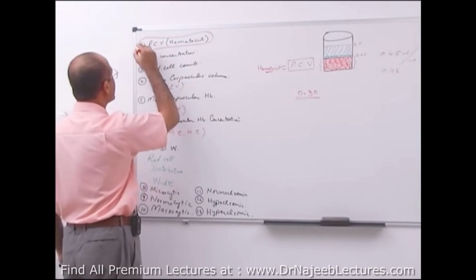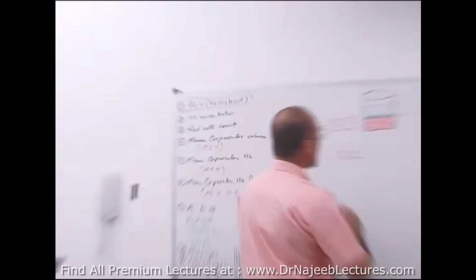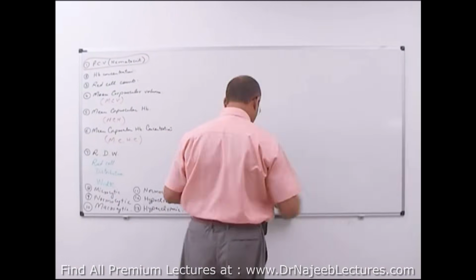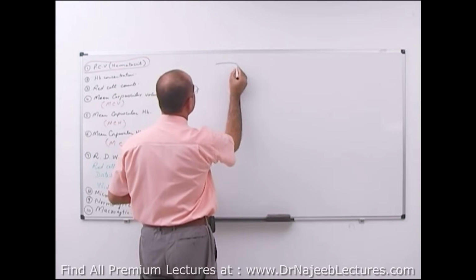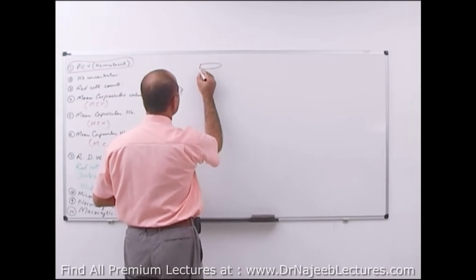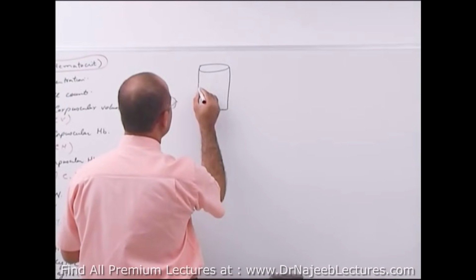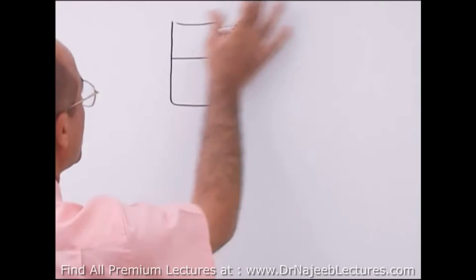Okay, thank you for understanding it. Now, I will make it a little more clear because I want to talk about other terms also. So let's suppose I make the container here again. Let's suppose that here is packed cell volume.